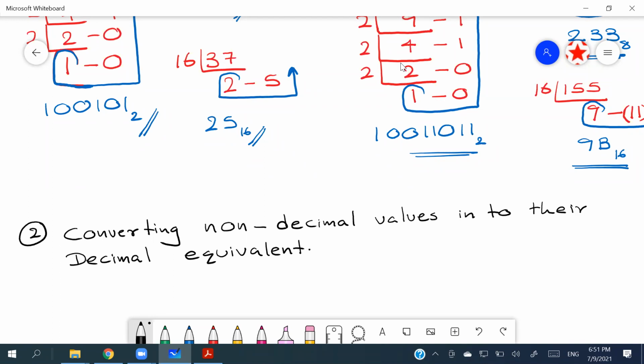So now, according to our syllabus, we are going to convert the binaries into decimal, the octal into decimal, and the hexadecimals into decimal, the opposite of the previous, right? So here comes the first example.